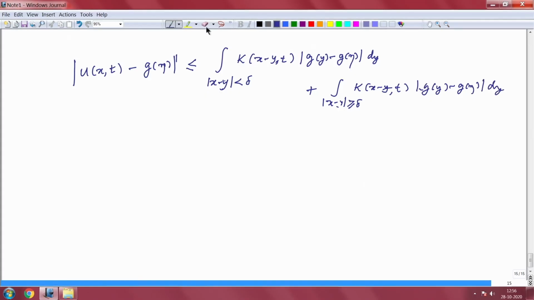Now, concentrate on the first integral. Here |x - y| is less than delta.